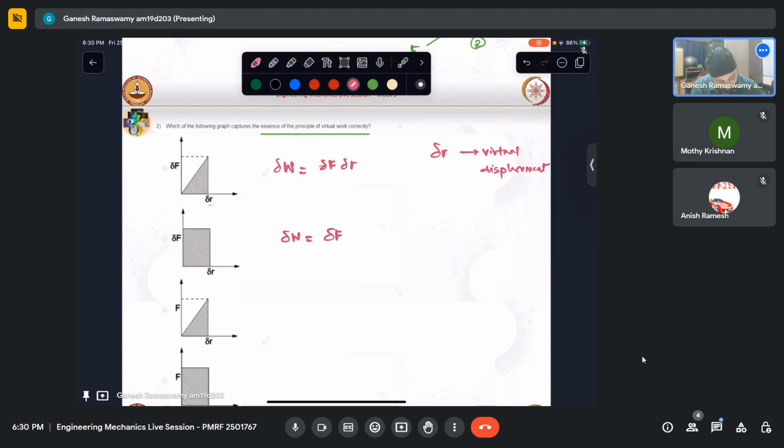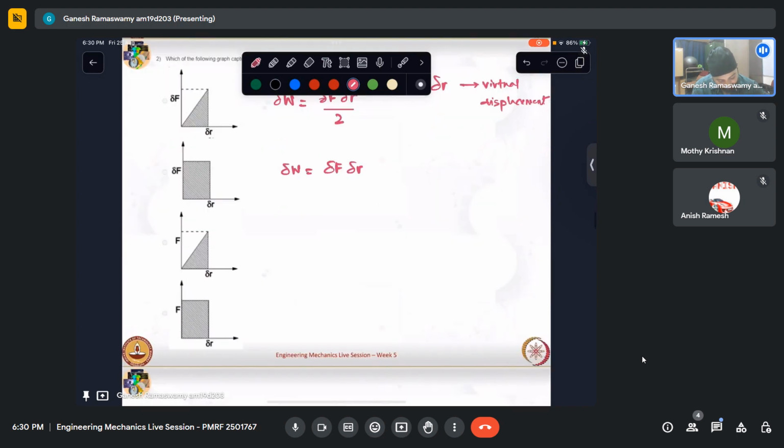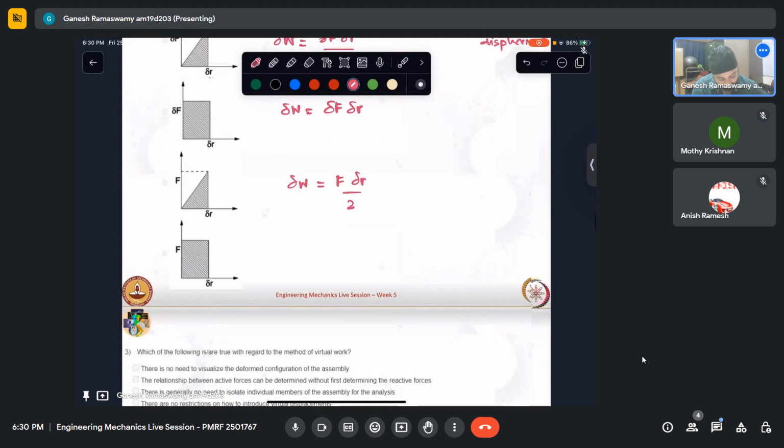This is saying half of that, because the shaded area is a triangle. So area is half of that, right? This is delta R. This says virtual work contribution is F delta R by 2. And this says virtual work contribution is F delta R.